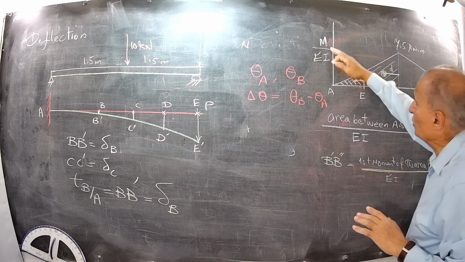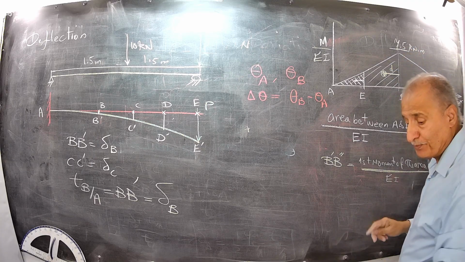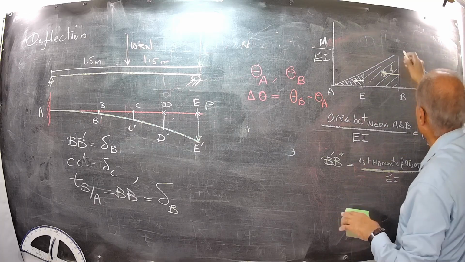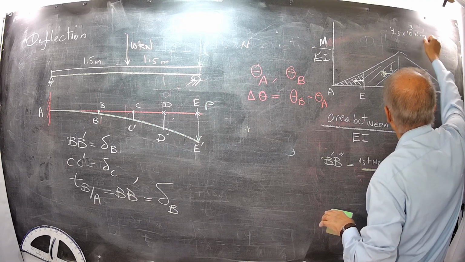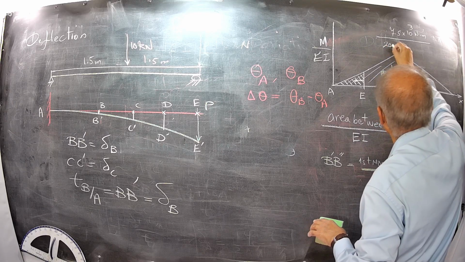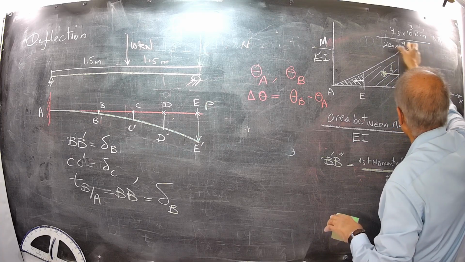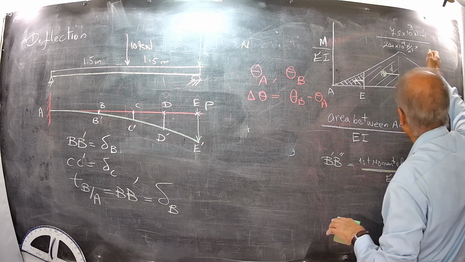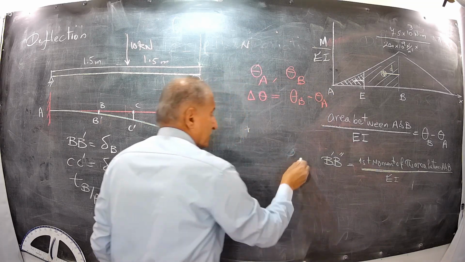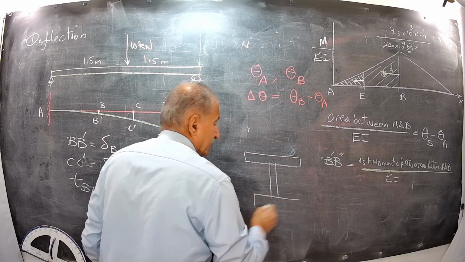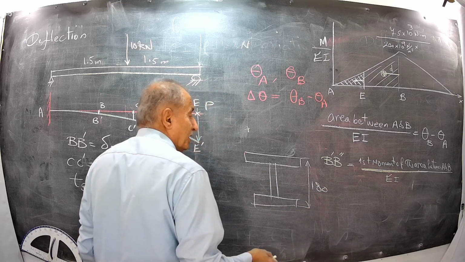Then, if you want to show M over EI, you must divide this 7.5 by, if it is a steel beam, 7.5 times 10 to the power 3 newton meter divided by 200 times 10 to the power 9 newton per meter square times I. Assume there is a value for I, for example if it is an I-beam, I-180. 180 means the depth is 180 mm.